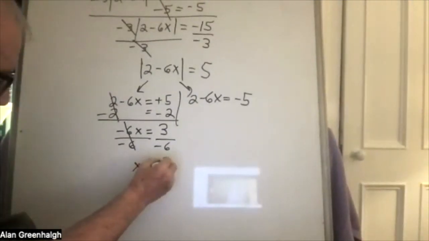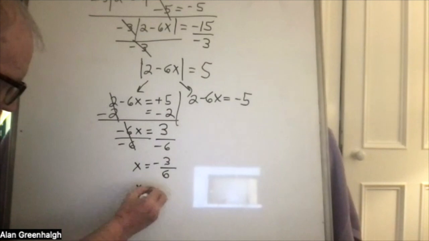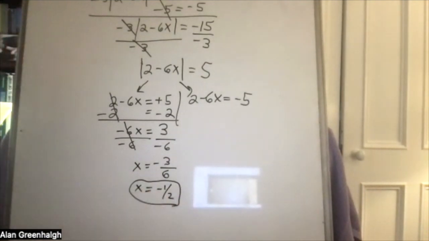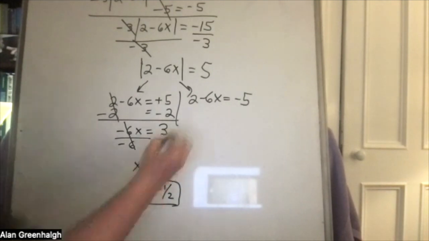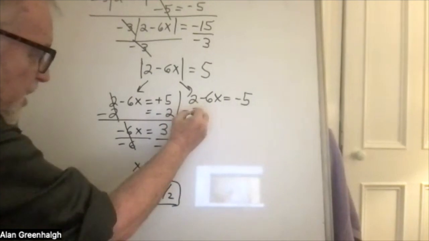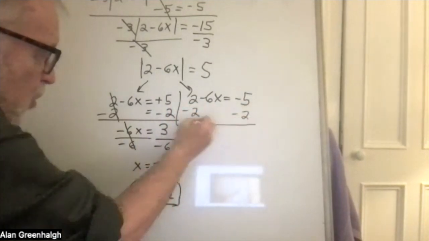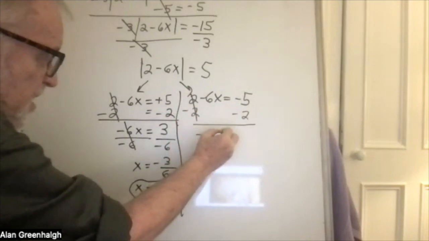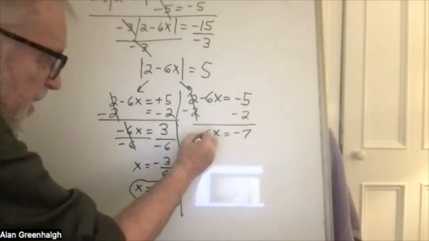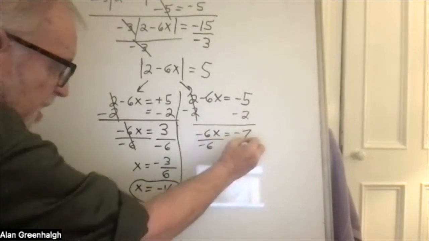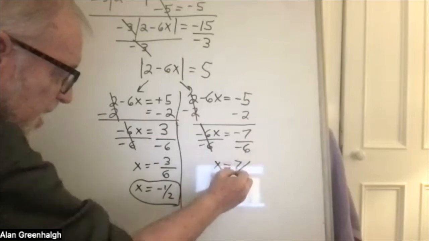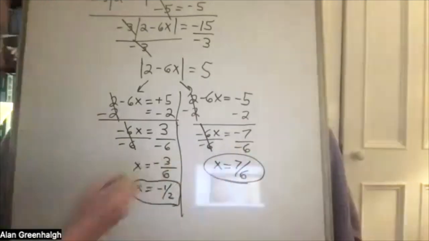This has to be simplified, so x is equal to -1/2. And that's one answer. And here, -2, -2, negative 6x equals negative 7, divide by negative 6, negative 6, x equals 7/6. Those are your two answers.